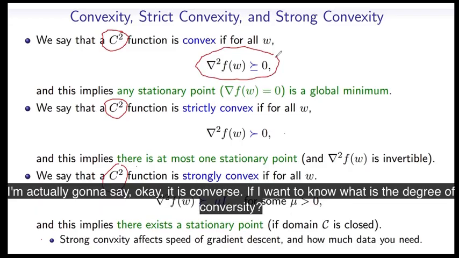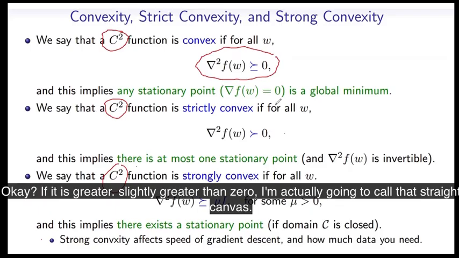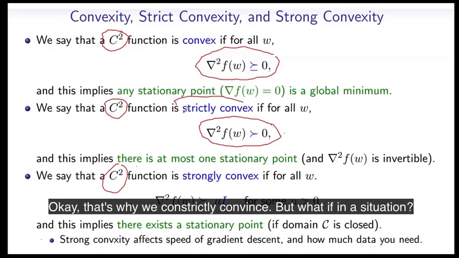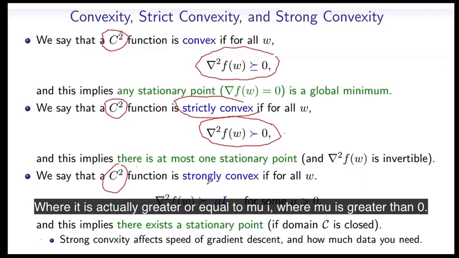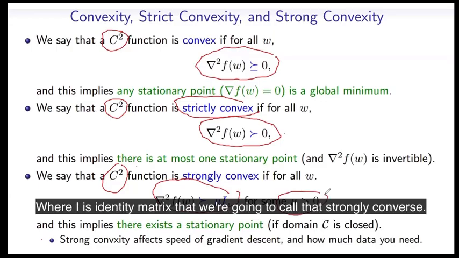If I want to know the degree of convexity, if it is strictly greater than zero, I'm going to call that strictly convex. But in a situation where it is greater or equal to mu I, where mu is greater than zero and I is the identity matrix, then we're going to call that strongly convex.